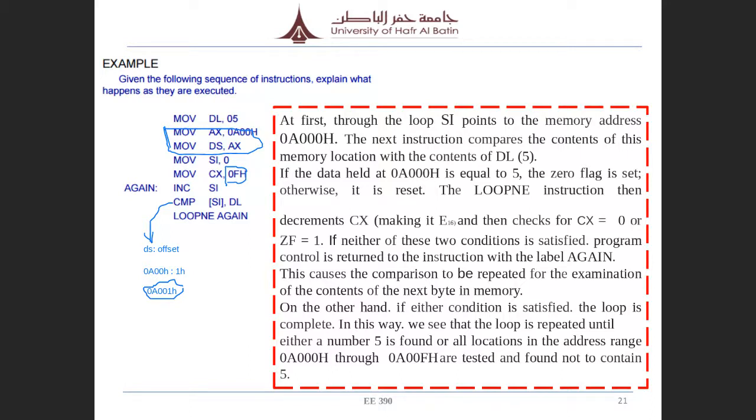If it is not equal with 5, it will check 15 memory locations. But if it gets 5 in any memory location within the 15, then it will stop comparing.